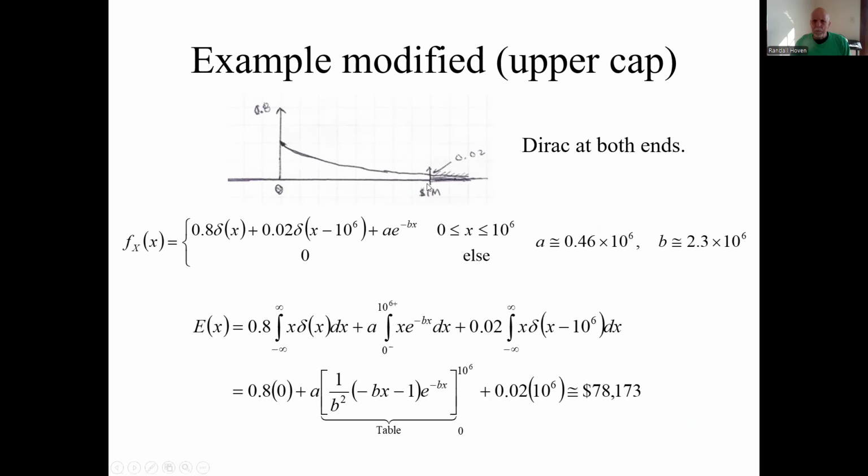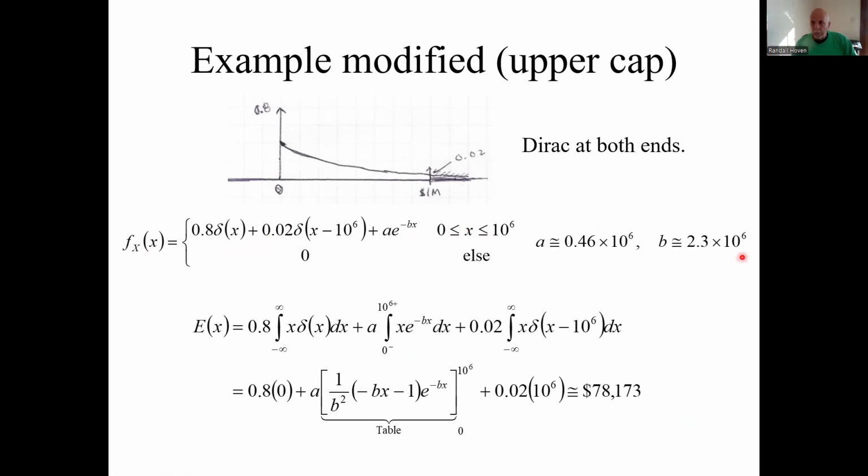The probability of a $1 million payout is that 2%. So now we've got this PDF. I could write it this way, breaking it up, like this for your argument between 0 and 1 million. And it's 0 if it's less than 0 or more than 1 million.